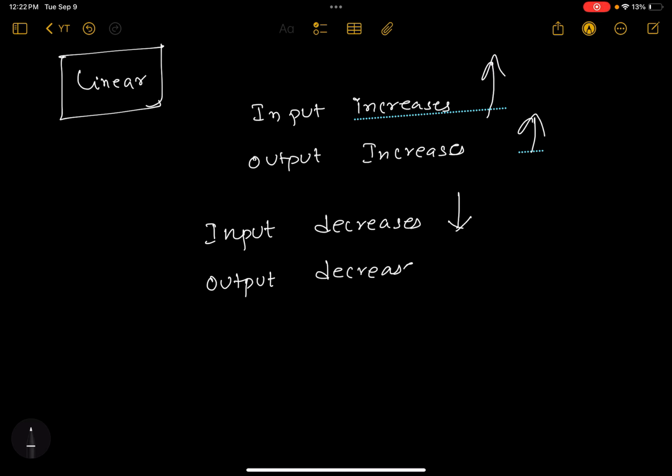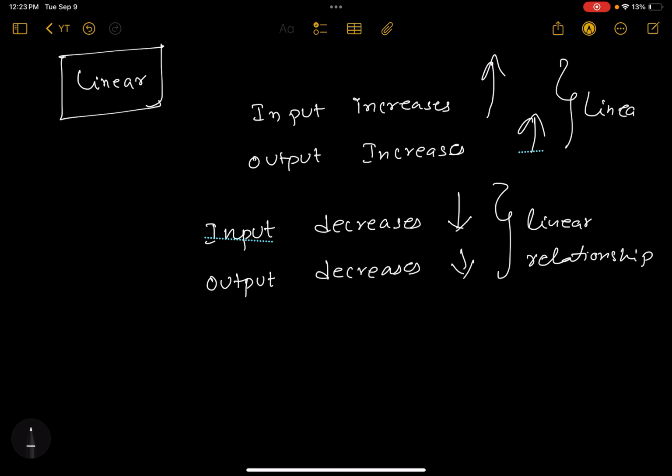Simple. So this is what a linear relationship is.